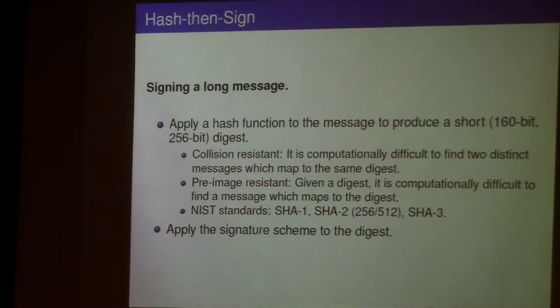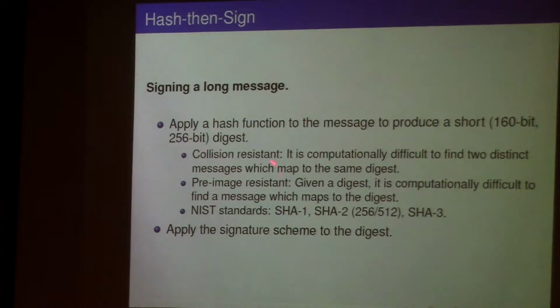It has to satisfy certain properties like collision resistance. So it should be computationally difficult to find two messages which map to the same value. Of course, there will be such things because your domain is larger than your range. So there will be collisions, but it should be difficult to find them. If it is indeed possible to find such things, then if you are trying to design a signature scheme based on such a hash function, then that will be insecure.